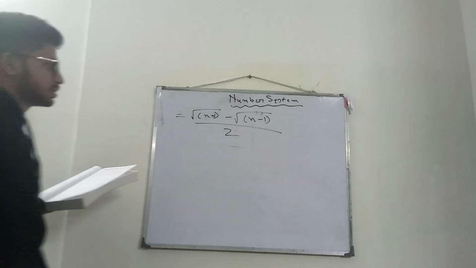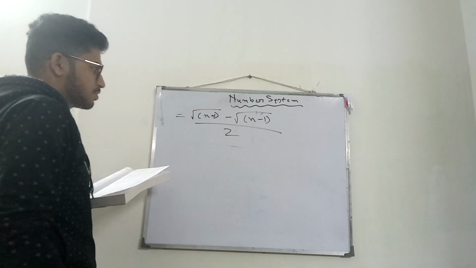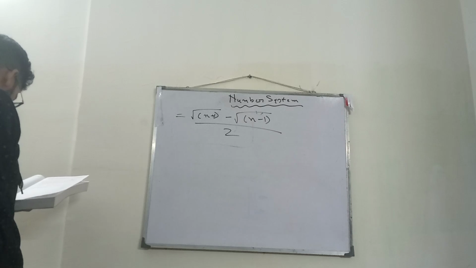Okay, root n minus 1 minus root n plus 1 minus root n minus 1, so this by 2.